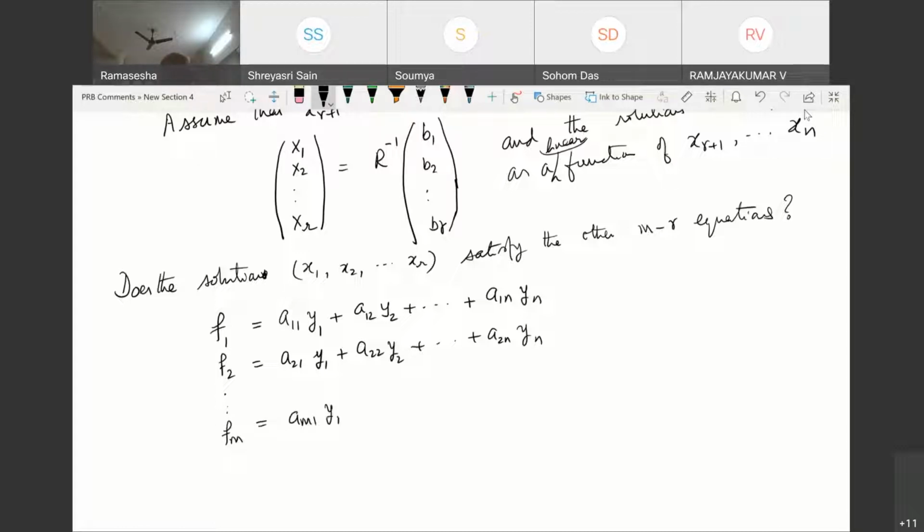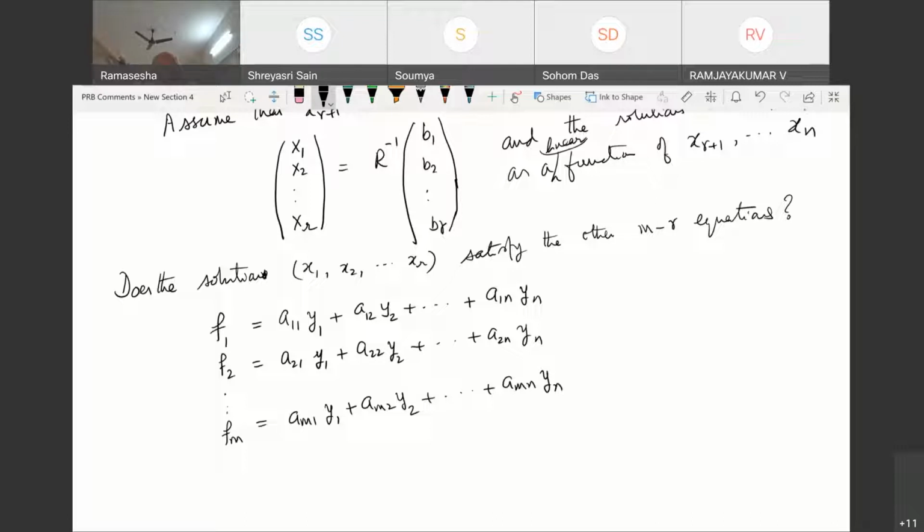So all I did was replace x1, x2, xn by y1, y2, yn, so that if they are not solutions, then their sum is going to be some f1, f2, fm. Only when y1, y2, yn are solutions will f1, f2, fm be 0.